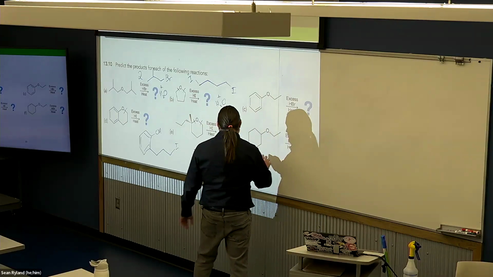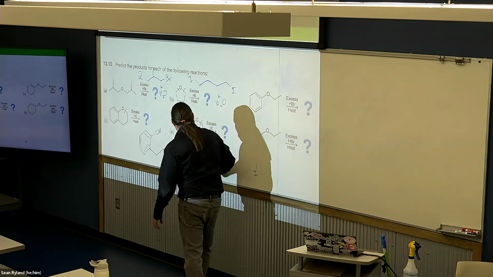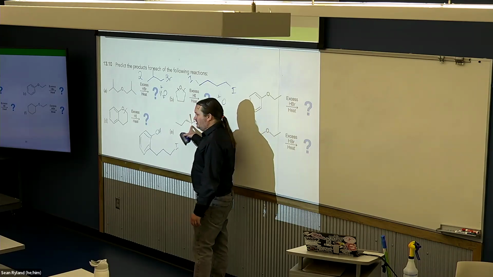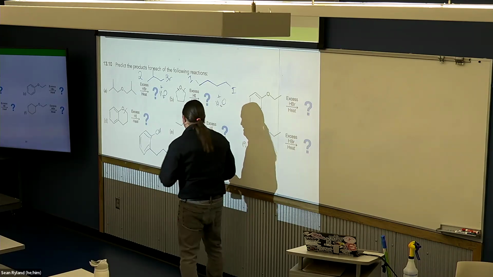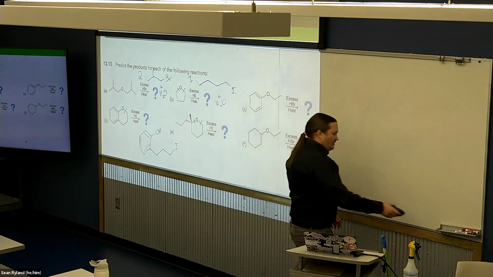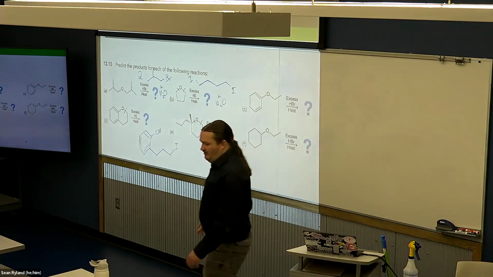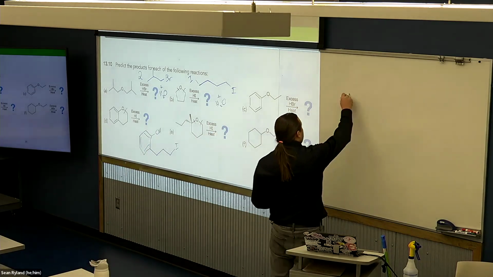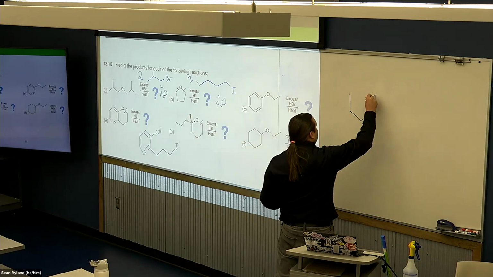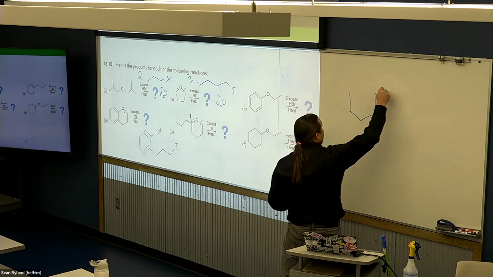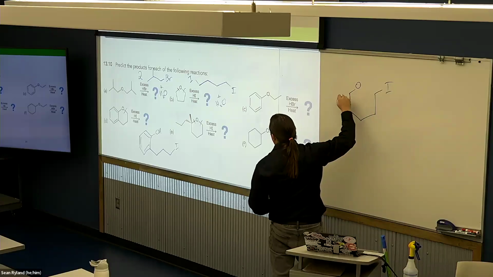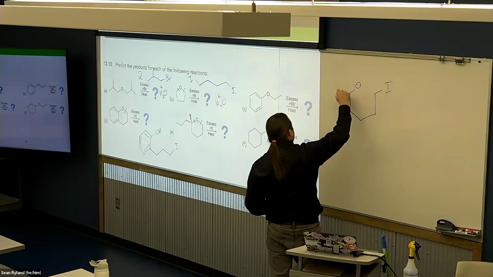So the way that I would approach this, as soon as I realized that, I said, okay, well, I'm just going to save this and then flip it when the iodine attaches. I'm gonna redraw everything in the same spot. I'm gonna put the iodine over here. The oxygen is here, I'm not gonna flip it yet.